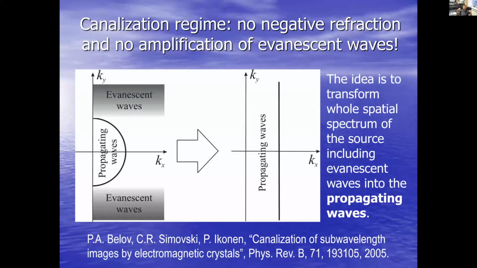Now all these waves are modified into the eigenmodes of this metamaterial, and they will be traveling along a fixed direction, along x, because the group velocity for any point of this flat isofrequency contour is directed along x. So in this material, there is no diffraction at all. All waves are traveling in one direction, and the phase speed of all waves is the same. They travel with the same speed along x, independently of ky.